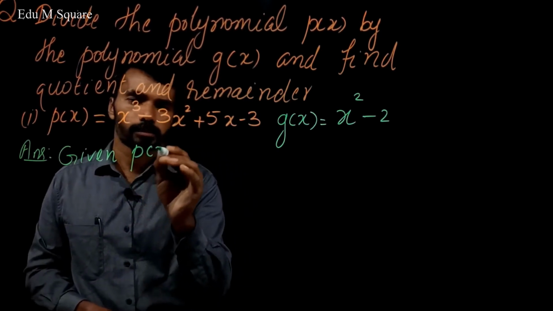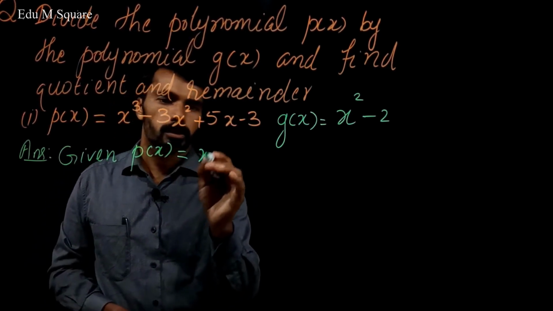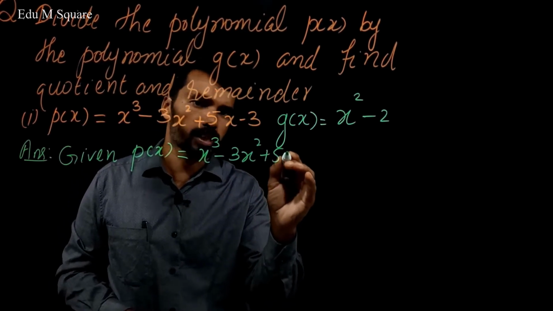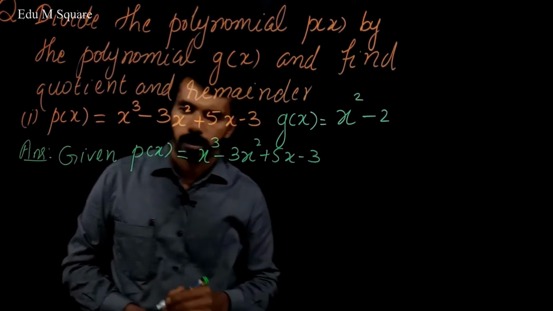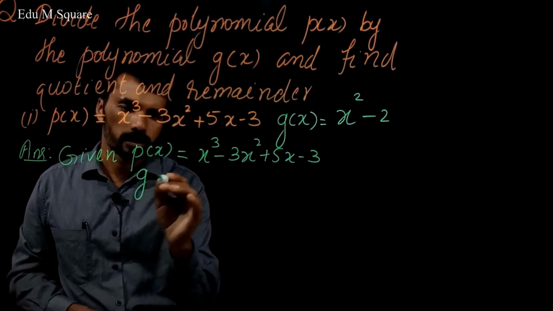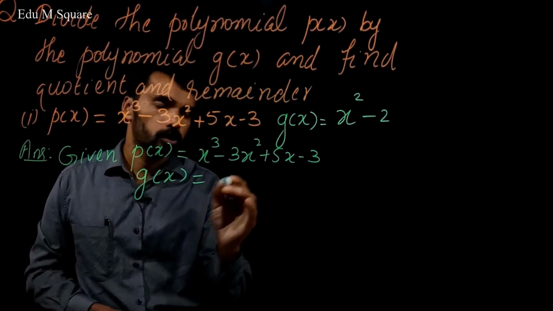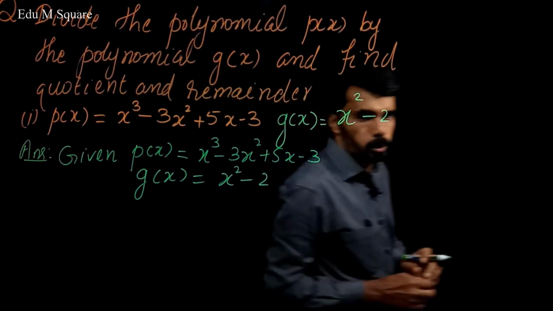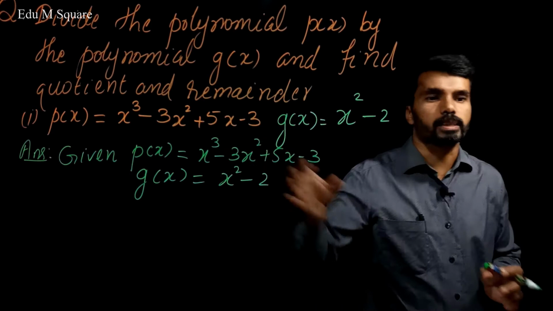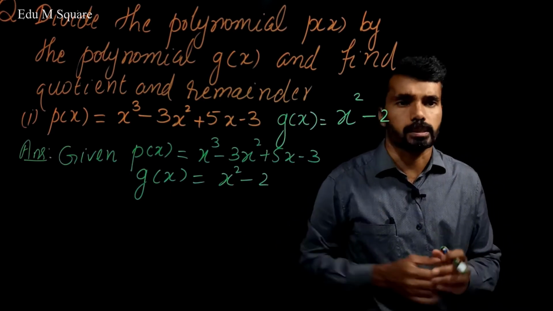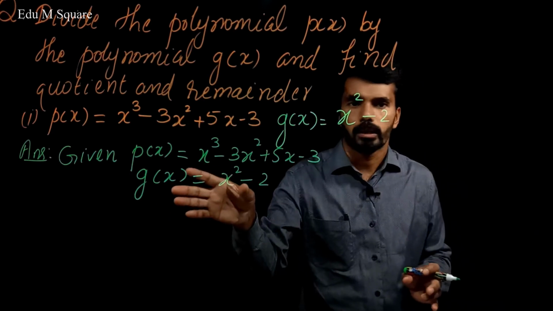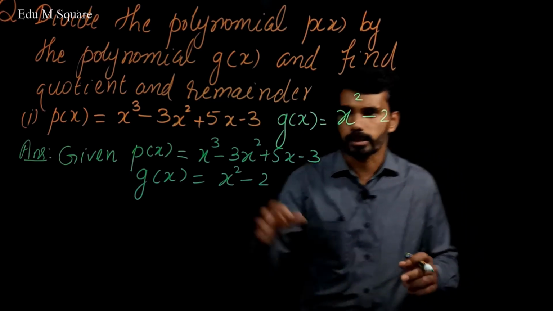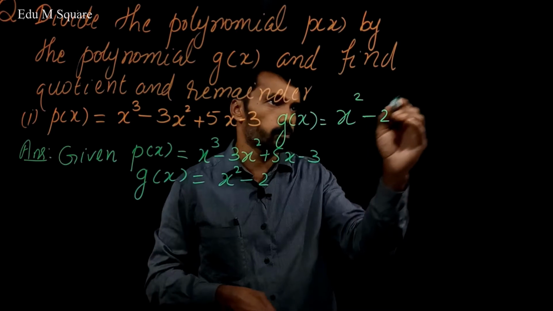Given: p of x is equal to x cube minus 3x square plus 5x minus 3, and g of x is equal to x square minus 2. These are the two given polynomials. p of x is the dividend and g of x is the divisor. So let us start the division. For that, we write the divisor and dividend in a particular form.